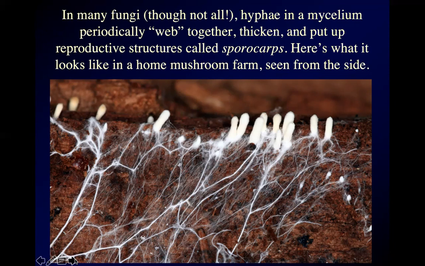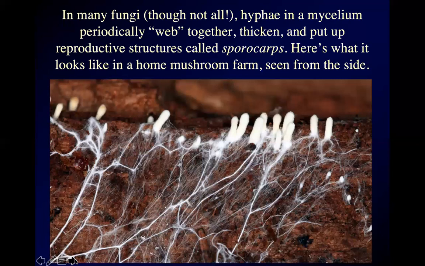And you're looking at a home mushroom farm, from the side. Those white finger-shaped things up towards the top are baby mushrooms sticking their way out from the surface of the soil in the mushroom farm.